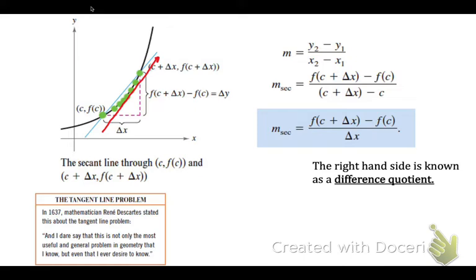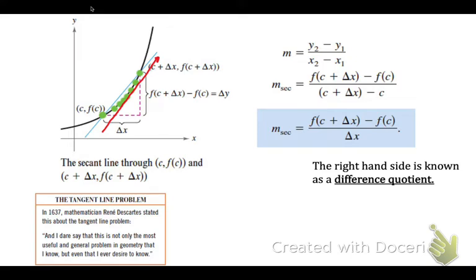So m of the secant line, you have seen this before. You may want to write it down again, because you will be expected to know it on this test, your final this semester, and your final next semester. The slope of the secant line is equal to f of c plus the change of x minus f of c, over the change of x.